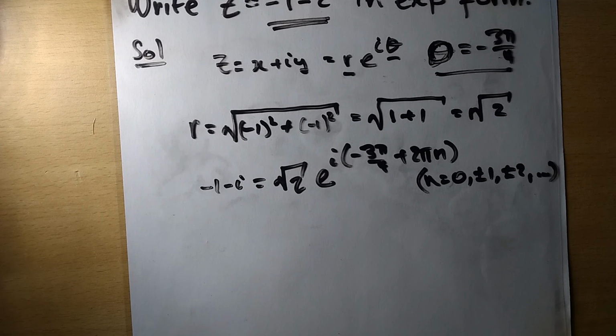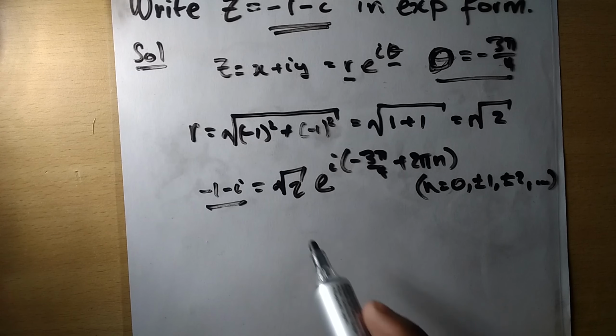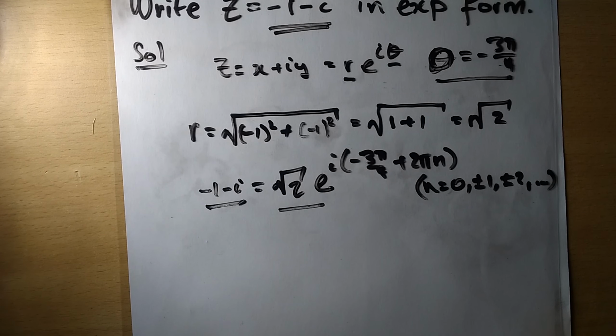So basically we have written our complex number from rectangular coordinates to exponential form.